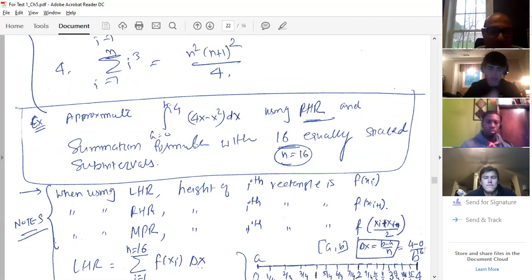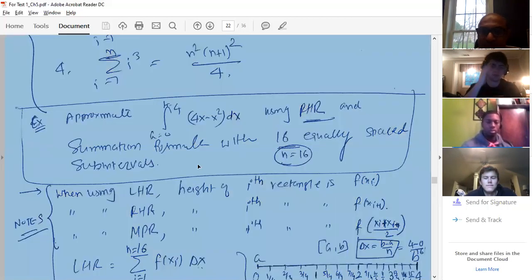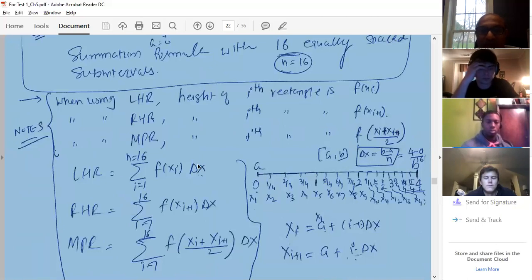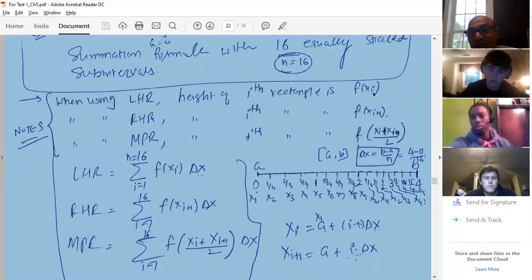Now one more thing, you have to memorize this because you won't find it in the formula sheet in the exam. Whenever you use the left hand rule, the height of the ith rectangle is f of xi, because we are starting from the most left part in 0 to 4. If x1 is 0, we are counting f of 0. That's why it starts with f of xi.